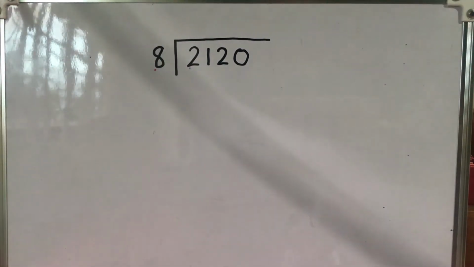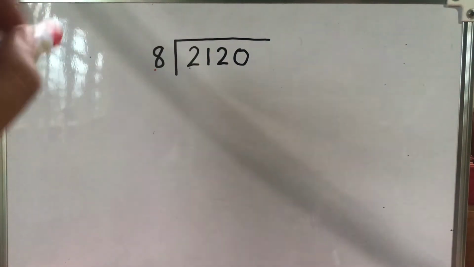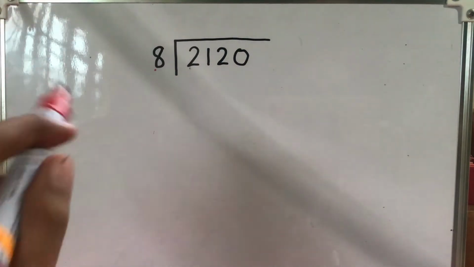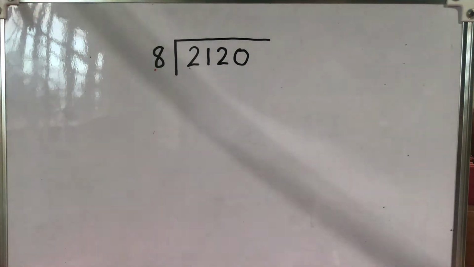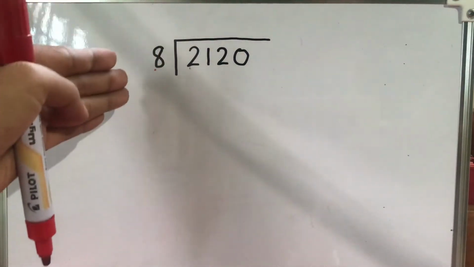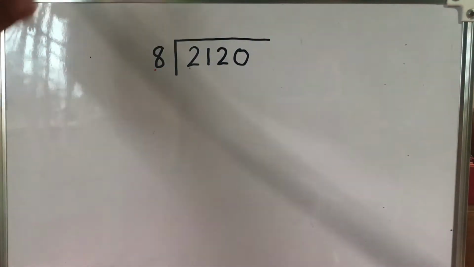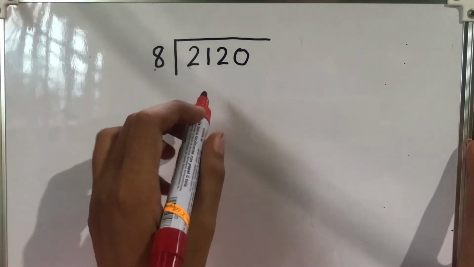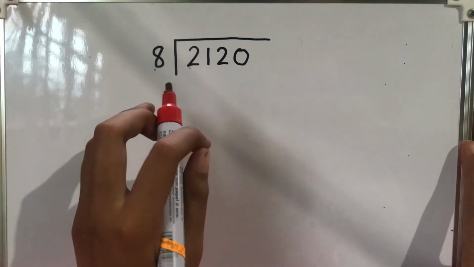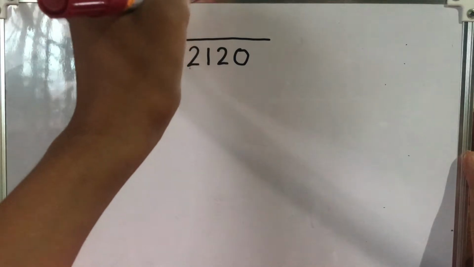Now, how many 8s are there in 21? So you can use lines, count 21 and then divide it by 8, or if you are familiar or have memorized the multiplication table, it will be easier for you. So 21 divided by 8 equals 2. So since 1 is the last digit in the dividend that we used, we will put the quotient on top of it.